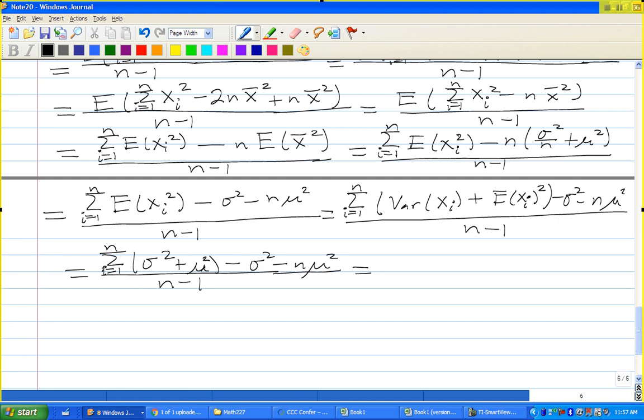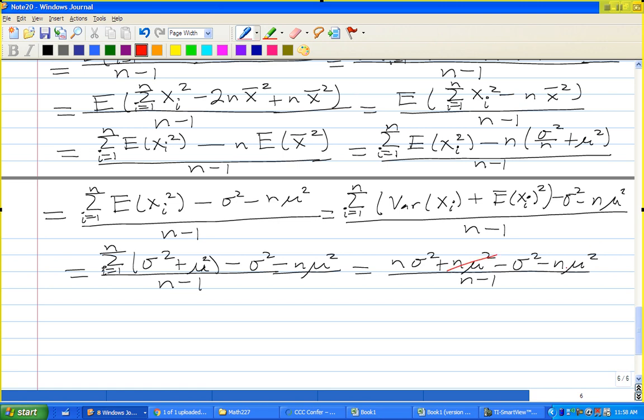And so this is going to equal n sigma squared plus n mu squared minus sigma squared minus n mu squared, all over n minus 1. Obviously the n mu squareds cancel, and so you get n sigma squared minus sigma squared over n minus 1.